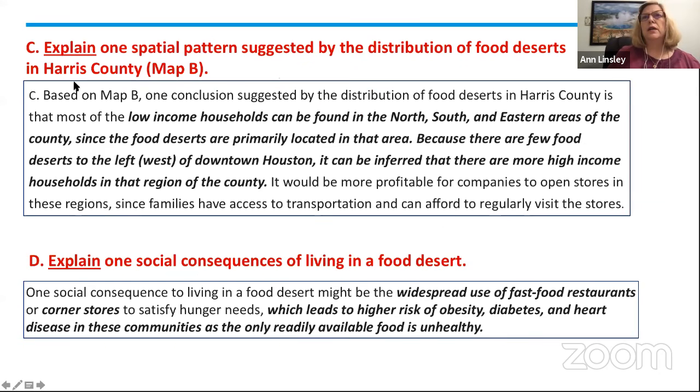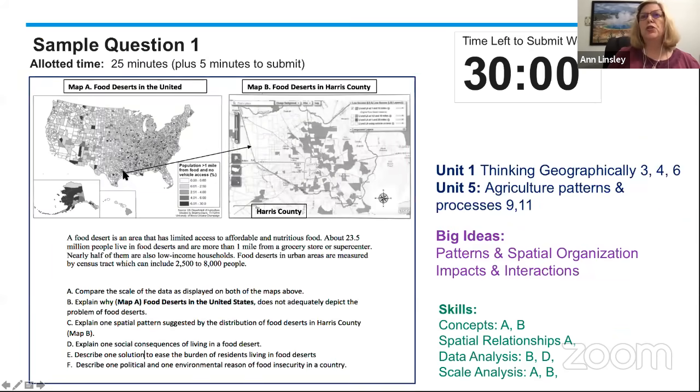All right. In part C, we're explaining one spatial pattern suggested by the distribution of food deserts in Harris County. It doesn't matter that you don't know where this is, okay? Even though in the original map I did draw an arrow from South Texas over to Harris County, the fact that Houston is part of it is irrelevant.